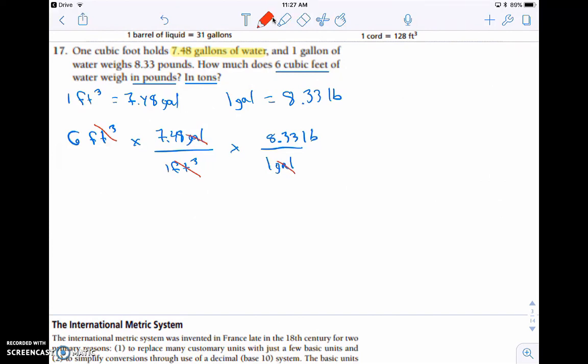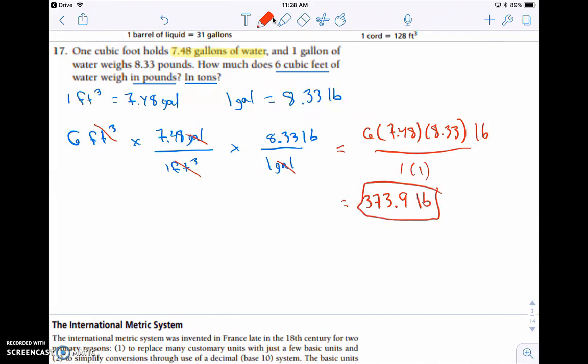And so what happens in the end is I have 6 times 7.48 times 8.33 pounds left. The bottom of the fraction is just 1 times 1. So when I multiply all of that out, I get approximately, rounded to the tenth place, 373.9 pounds. So 6 cubic feet of water here is going to be 373.9 pounds.